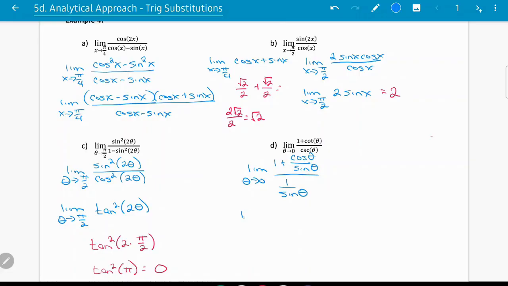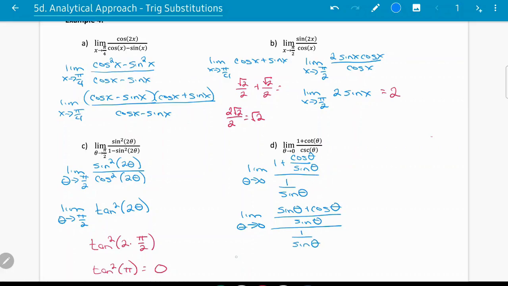And now we treat this as a complex fraction, so the limit as theta approaches 0, this becomes sine theta plus cosine theta over sine theta over 1 over sine theta.